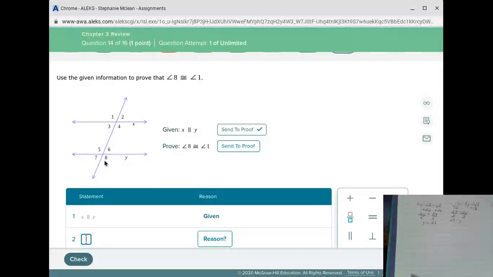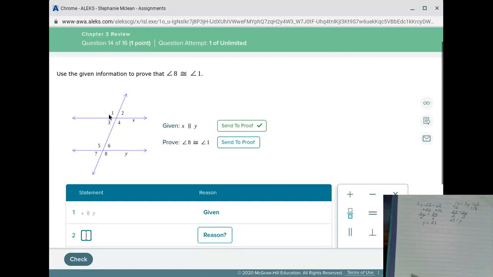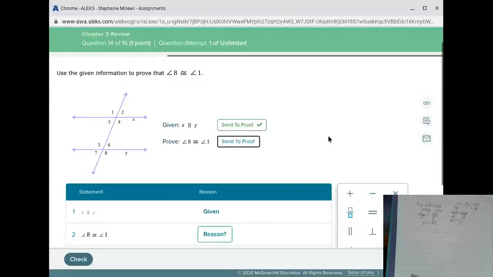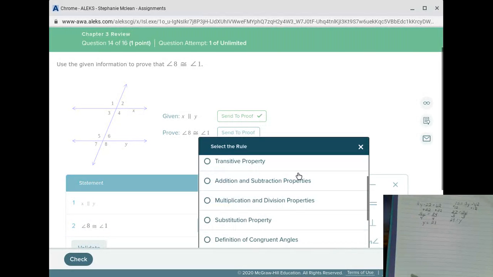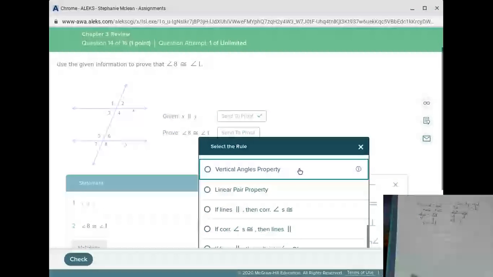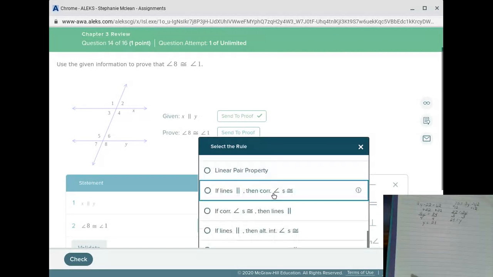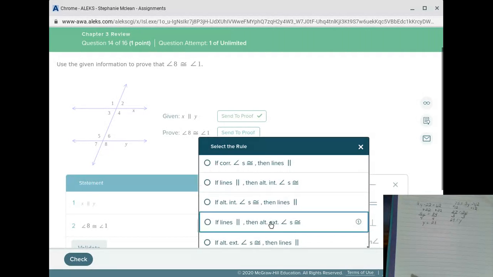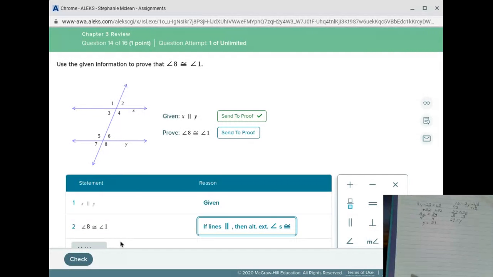I can also see that they're alternate because they're on opposite sides of this transversal that crosses between those parallel lines. There's something special that I know about alternate exterior angles. So I can just say angle 8 is congruent to angle 1 because if I have parallel lines, then the alternate exterior angles are congruent.